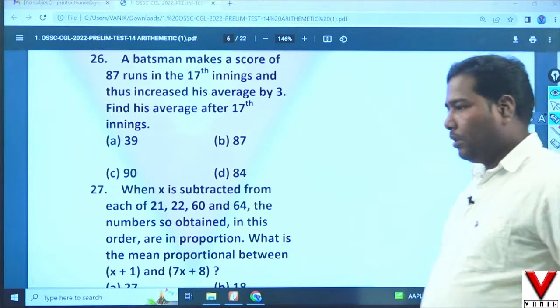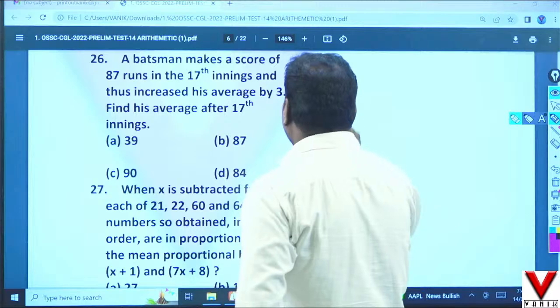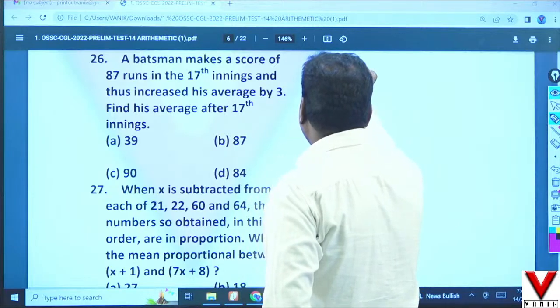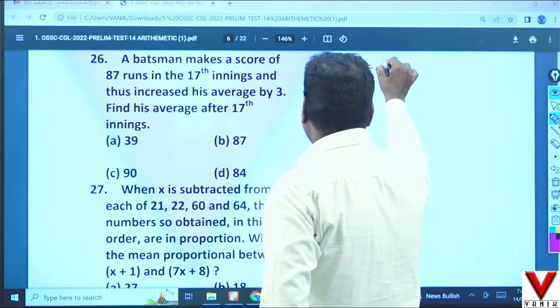Okay. So here, suppose the 16 matches' average is x.